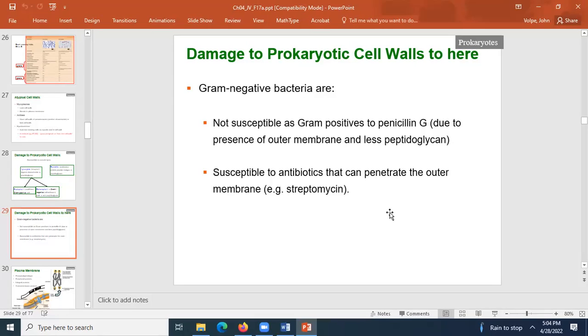As I mentioned, ampicillin, one of the early derivatives of the penicillin family, can get through the outer membrane of a gram-negative cell. Streptomycin is another, and it can go right through the outer membrane because it's a lipid-soluble antibiotic.